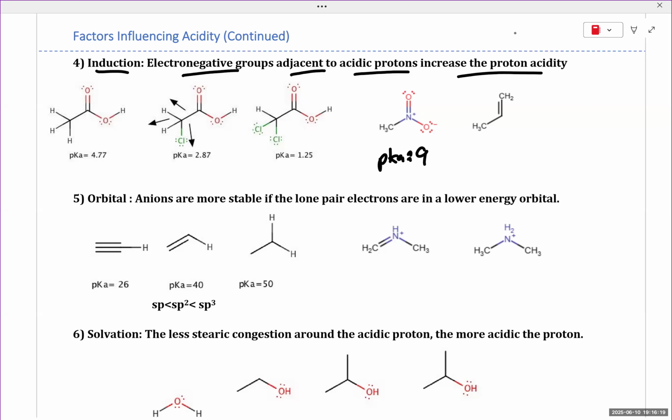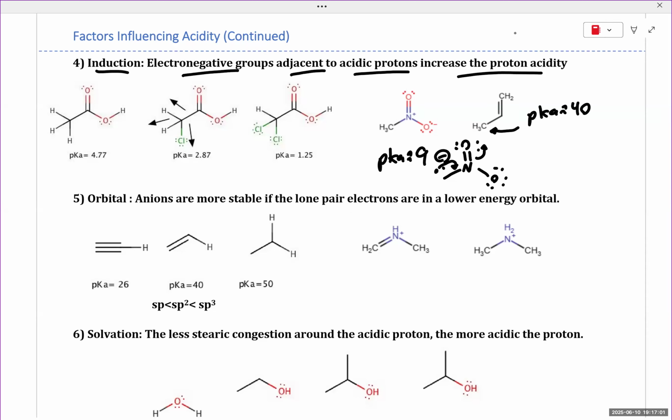The reason is that if we look at the conjugate base anion, this anion is adjacent to this strongly withdrawing nitro group, and this nitro group is also withdrawing via resonance. If we compare to, for example, a typical vinyl proton, this vinyl proton has a pKa closer to 40. So the presence of withdrawing groups dramatically increases the acidity of adjacent protons.